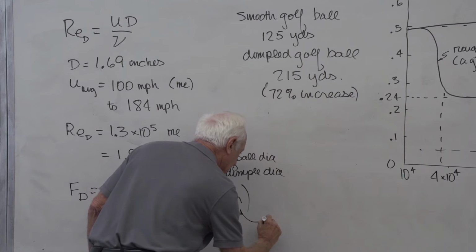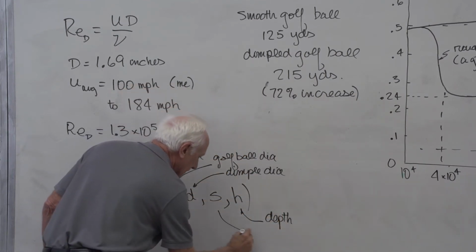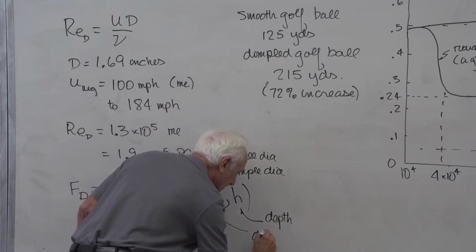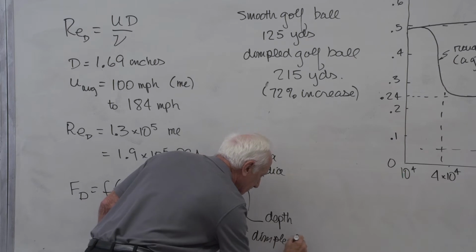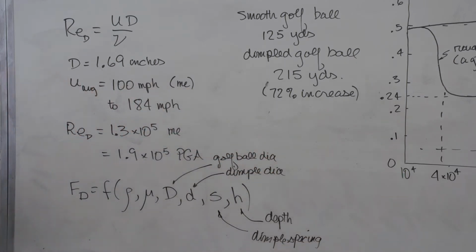H, the depth of the dimple into the ball. S, the dimple spacing, center to center. If you're an engineer going to do a wind tunnel study, you say, I think the drag force is a function of those variables.